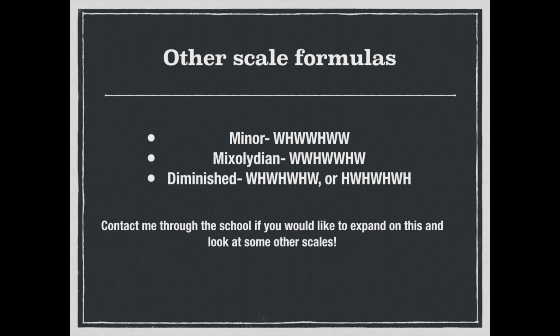Basically, if you count starting on the first letter in your major scale, say C is 1, D is 2, E is 3, F is 4, going from C to F, a Mixolydian scale is really great. It's very similar to major with one little difference. Same thing, G, A, B, C. If you go G to C, 1 to 4, G is 1, A is 2, B is 3, C is 4, a G Mixolydian scale would sound great between those.